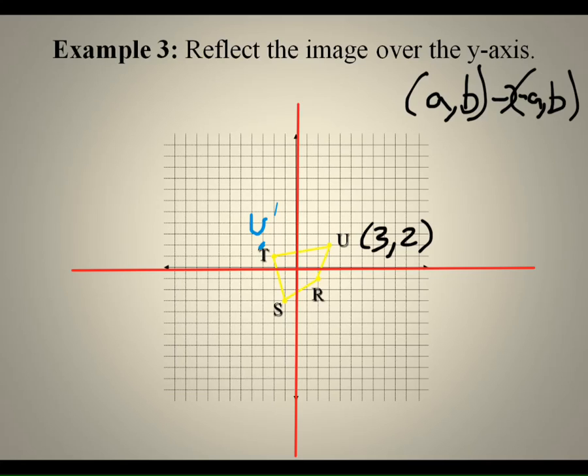That looks right, because if I just take that shape and I flip it over on that y-axis, there's U prime. All right, then I find R. R is at 2, -1. So that means R prime is going to become -2, -1.